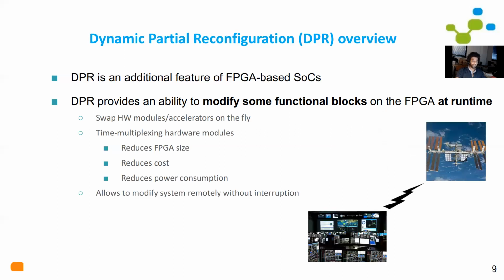And finally, DPR systems also allow us to remotely configure, update, or extend our systems because they support the modification of a section of the design without interrupting or losing communication.